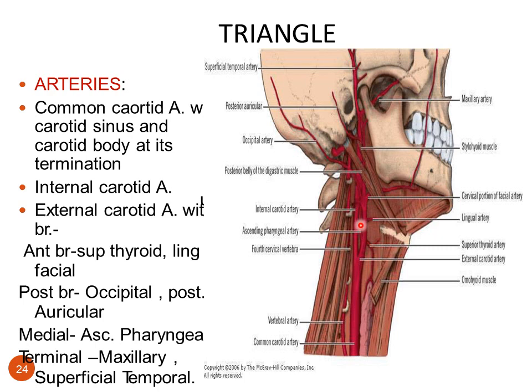So these are the main arteries which are branches from the external carotid. They are found in the carotid triangle.